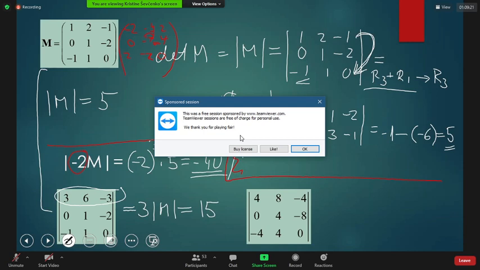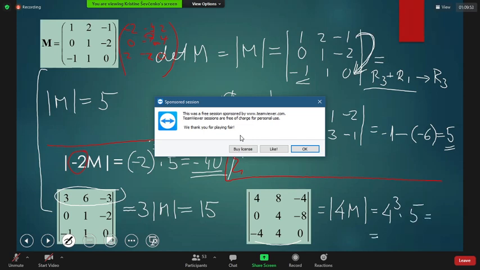And the last one. So we, again, compare this to the matrix M. We see that here we have multiplied the matrix by 4. This is actually the determinant of 4M, because what we see inside here is 4 times the matrix M, which means we must take 4 cubed times the determinant, which is 5.